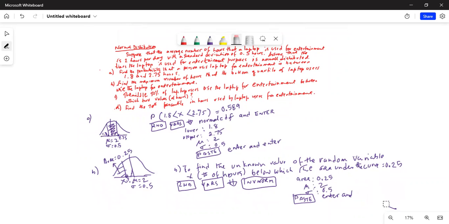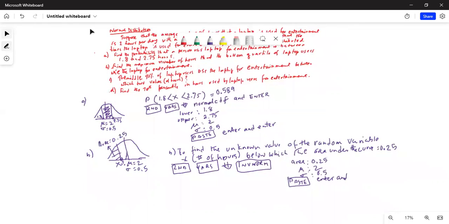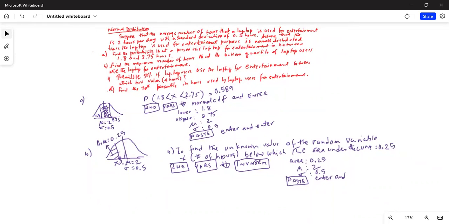Enter, enter and enter. And at the same time, I'll move this a little bit up. Whenever we are on paste, we have to enter twice. So enter and then enter.